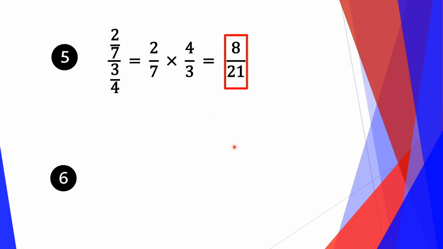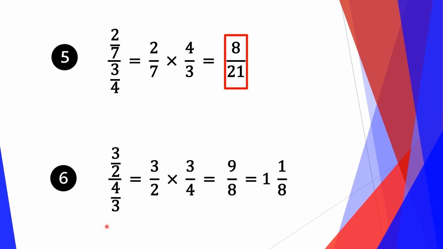Moving on to question 6. We have 3 over 2 divided by 4 over 3. Again, we keep the first fraction as it is, 3 over 2. We change the division sign into multiplication. We take the reciprocal of the second fraction, 4 over 3.